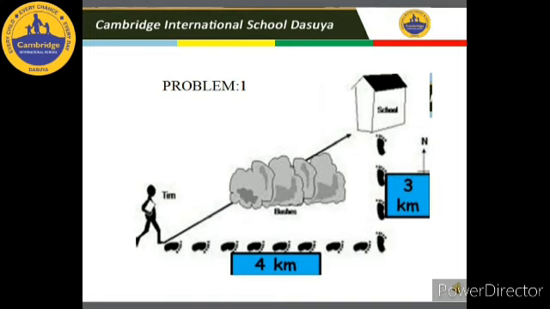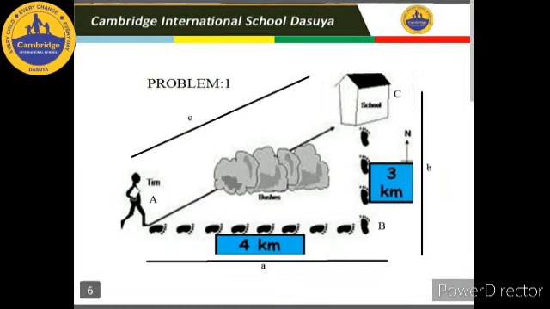The reason behind is this straight path is having bushes in the center. So, the actual path followed by the student is from A to B and then from B to C. This is the distance. And if the student has the direct path A to C, this is the displacement.